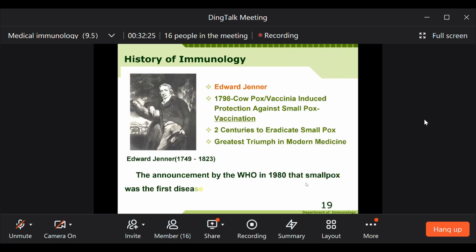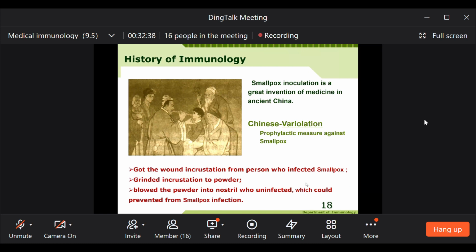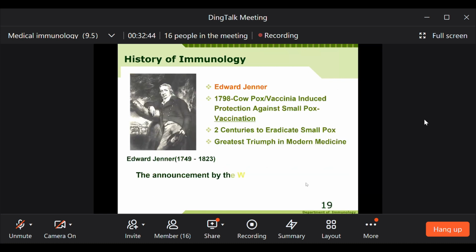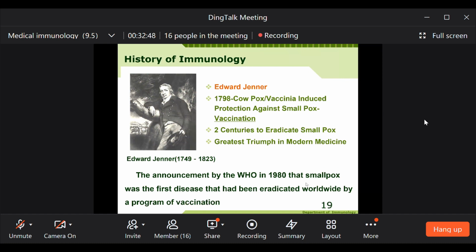And many years later, this Chinese variolation method became known to other countries, and many people knew this method.